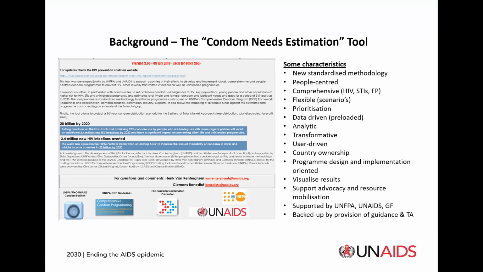There was an agreement that we needed a better condom needs estimate methodology that was not only standardized and data driven, but also much more flexible, and where country ownership would be much easier to obtain. So not necessarily an expert driven tool.